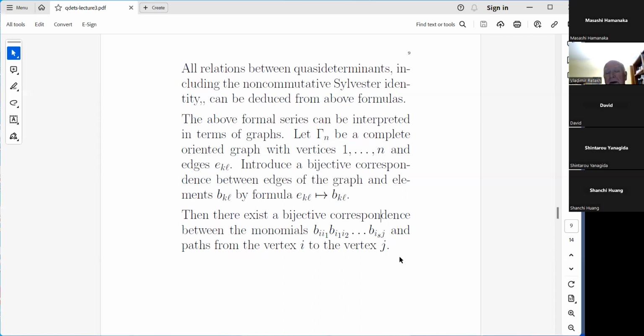Okay, again, let me emphasize that the monomial consists of composable elements, and such a construction is somehow related to automata theory.